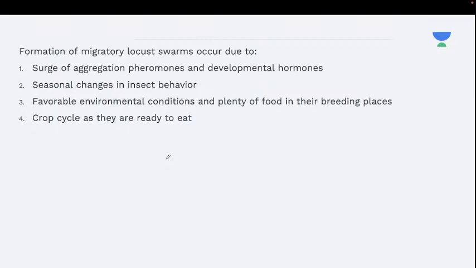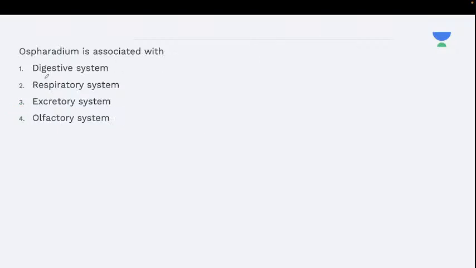So basically pheromones are not that prevalent in this animal phylum. Seasonal changes in insect behavior, no, it can happen anytime, right? So there will be no seasonal thing. Favorable environmental conditions and plenty of food in their breeding phases. Yes, this is the correct statement. Crop cycle is not the case over here.